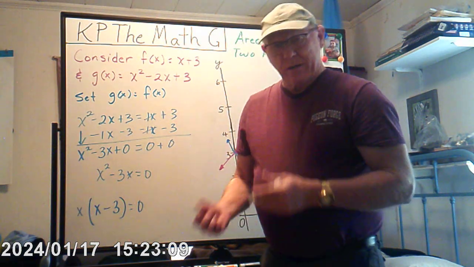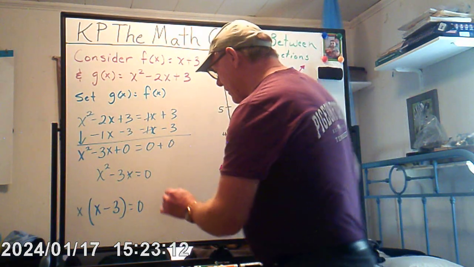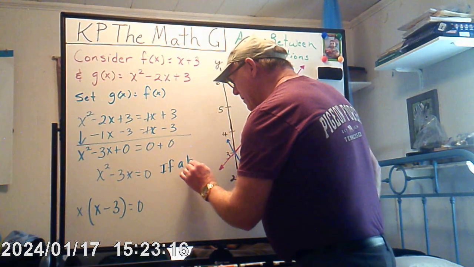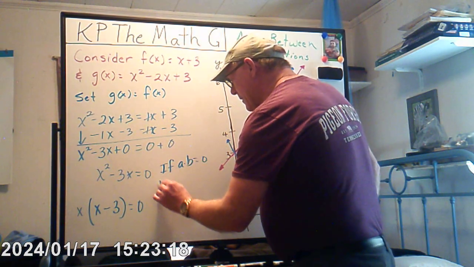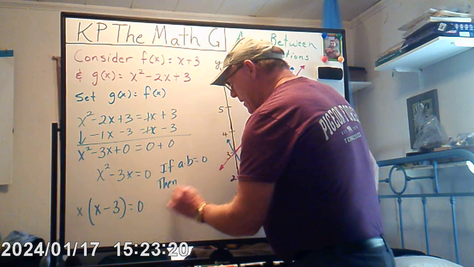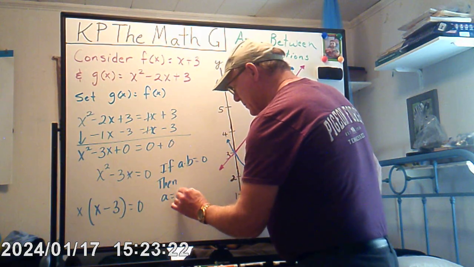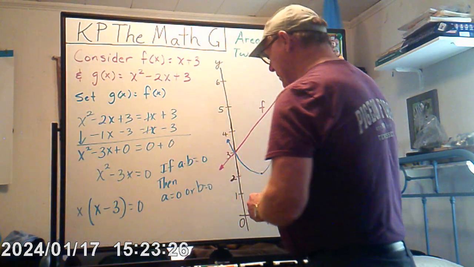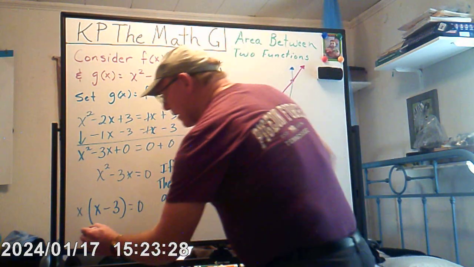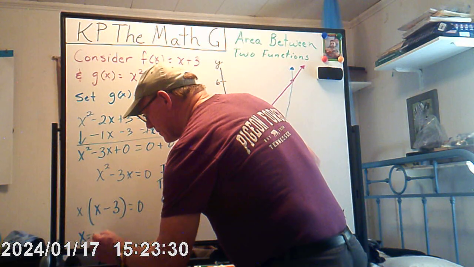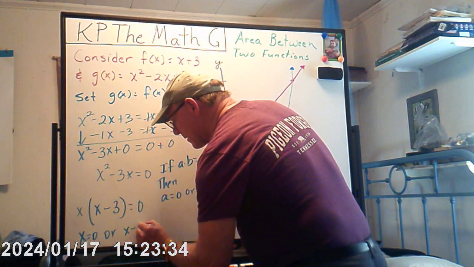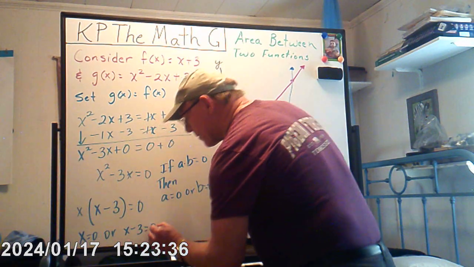Now, there's a product rule that says that if A times B equals 0, then A is equal to 0 or B is equal to 0, and that's what I want to do here. X is equal to 0 or X minus 3 is equal to 0.